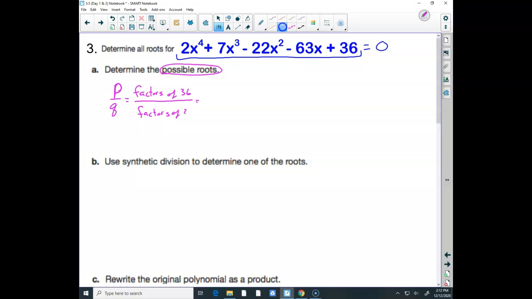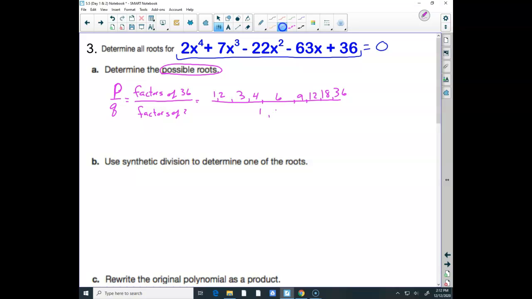Well, I look at it as a big, ugly fraction. I look at it as 1 times 36. Those are factors. 2 times 18 gives me 36. 3 times 12 gives me 36. 4 times 9 gives me 36. And I know 6 times 6 gives me 36. So those are all my factors of 36.